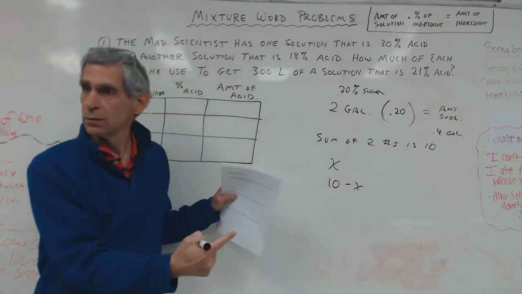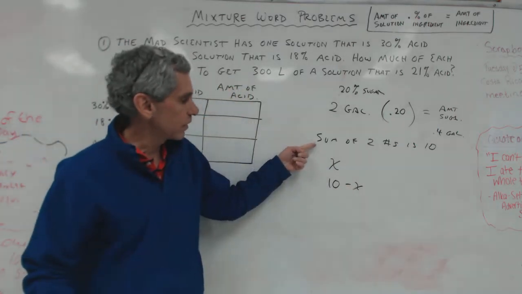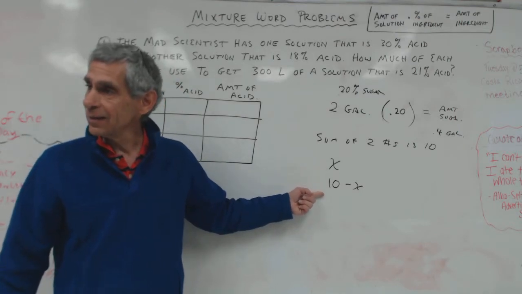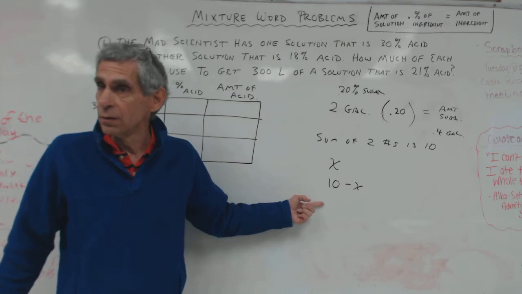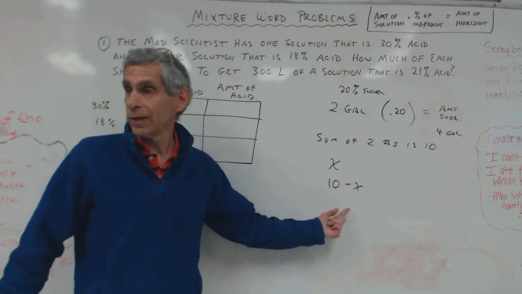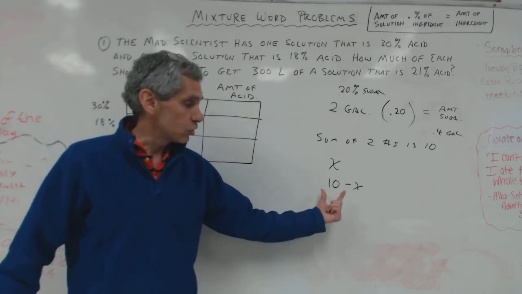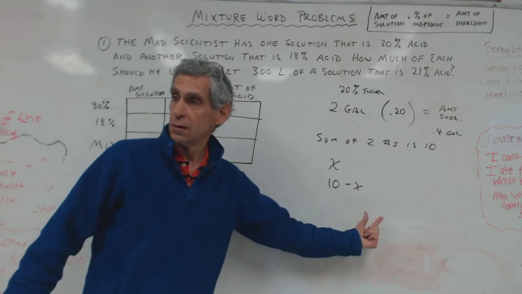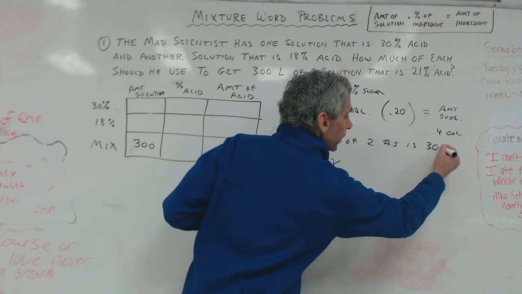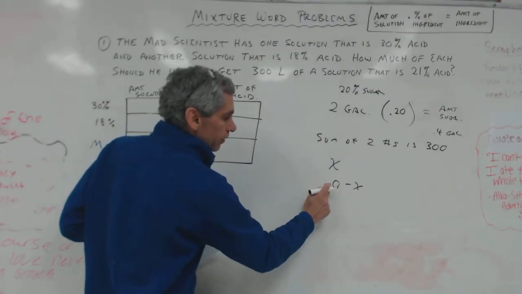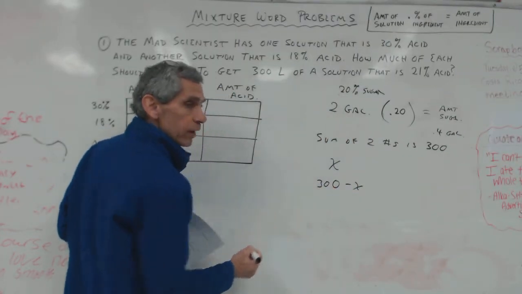Does that make sense? If the sum of two numbers is 10, first number is x, and the second number is whatever's left over when you take x away from the total. Right? It's not x minus 10, it's 10 minus x. It's the total minus the x. All right, so if the sum of two numbers is 300, what would it be? x and 300 minus x, right?